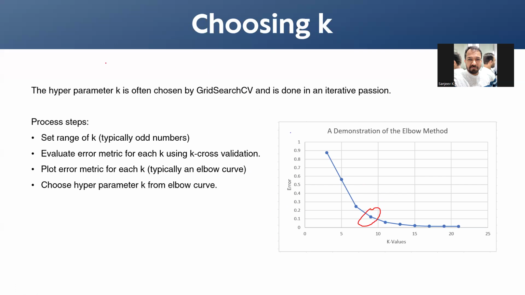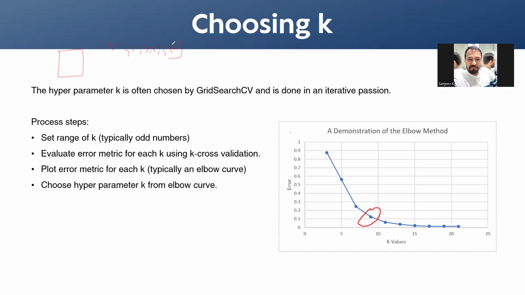For the same given data set, we will run a KNN model over a range of, say, 1 to 11. It can be anything beyond that based on your use case, but usually you would choose odd numbers.